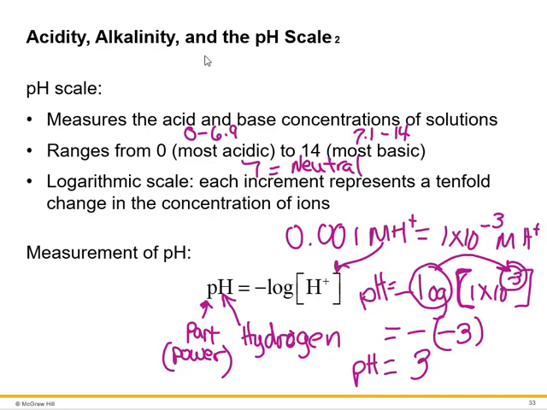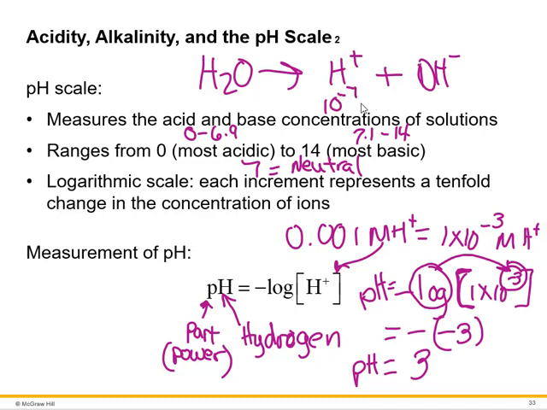And by the way, the reason for that is that H2O naturally pulls itself apart. It naturally dissociates or ionizes into hydrogen and hydroxyl, an equal amount of that. And the rate at which it does this is 10 to the negative 7th molar of hydrogen.